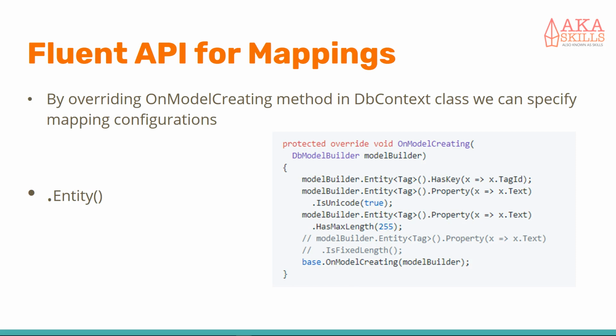Entity is for mapping table name and schema, inheritance, hierarchical, complex type, can be used for multiple tables, for multiple entities, and can specify key, including composite keys. Property is basically for attributes and validation, for mapping column name, type, and order, relationship, and concurrency as well.